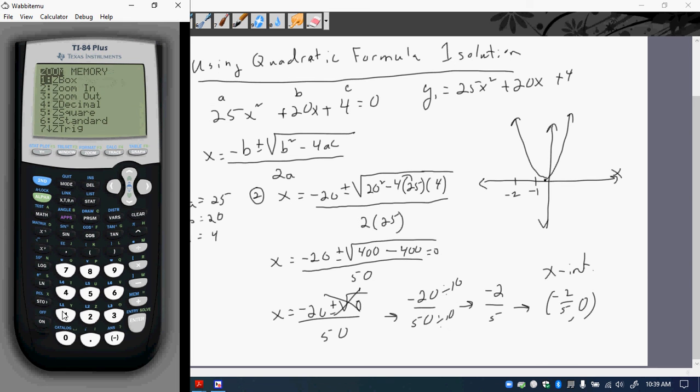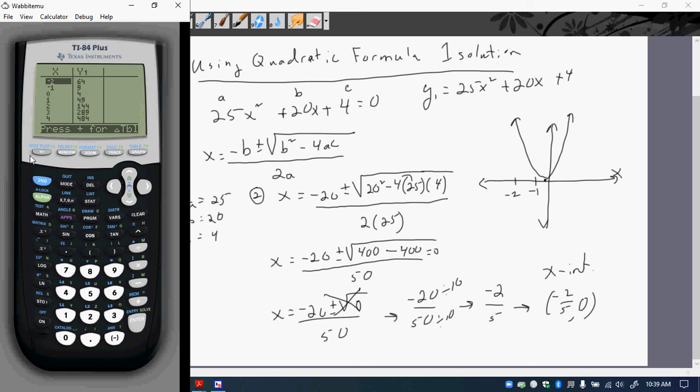So I'm going to do zoom 0 instead, and that gives me a better graph. Okay, so I notice it comes down and just hits it at one point. That's what it does. And you can see that in the table if you hit second table. So at negative 1 it is 9, 0 is 4. So somewhere in between here, it actually touches it.